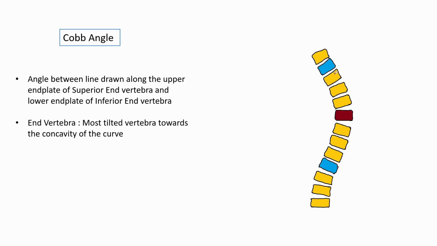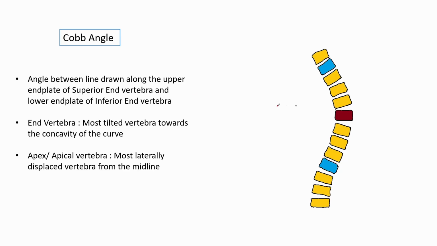So in the curve we have two vertebrae on either side which are most tilted towards the concavity of the curve. The upper one is known as the upper end vertebra and the lower one is known as the lower end vertebra. There is another term called the apex or apical vertebra.